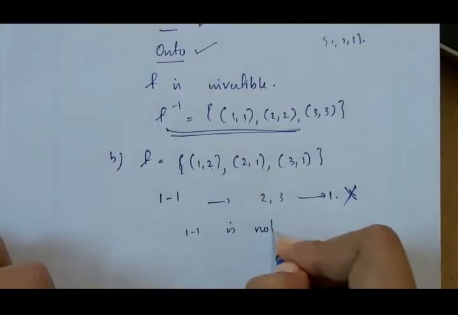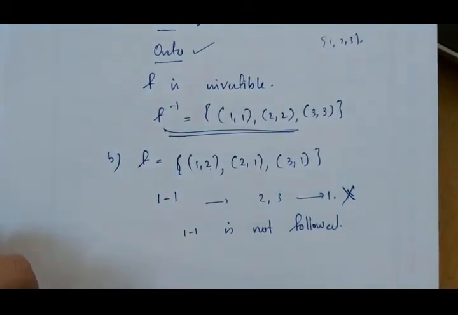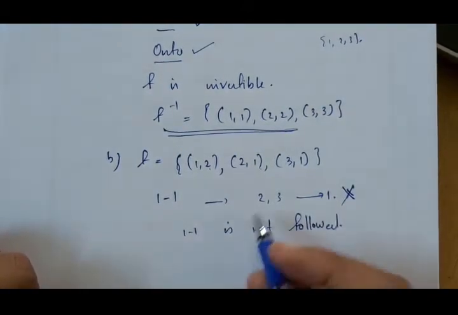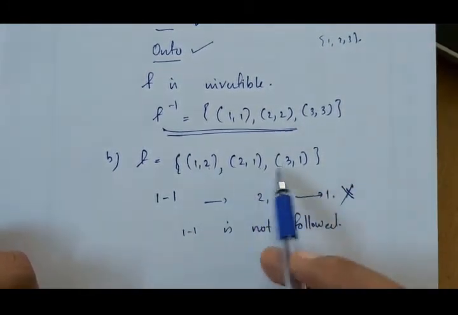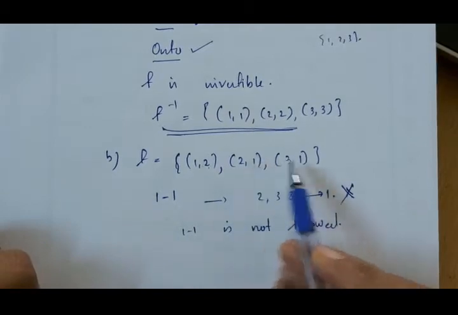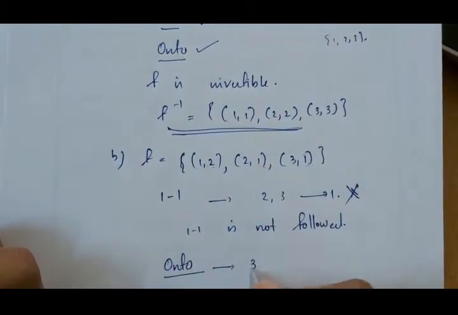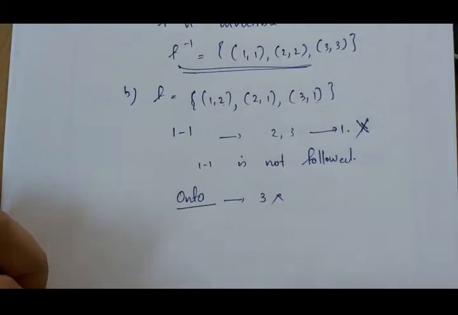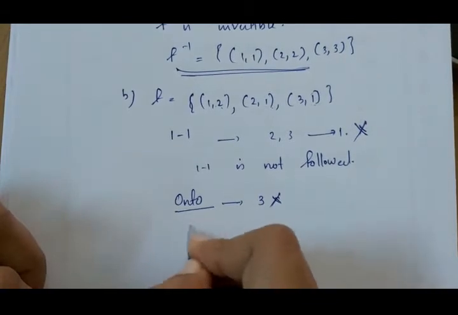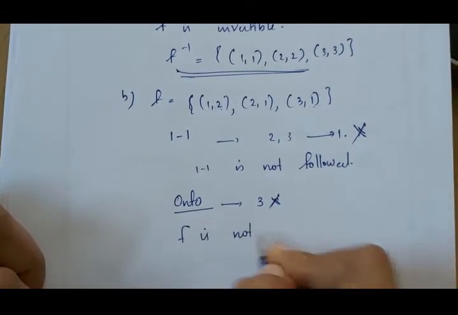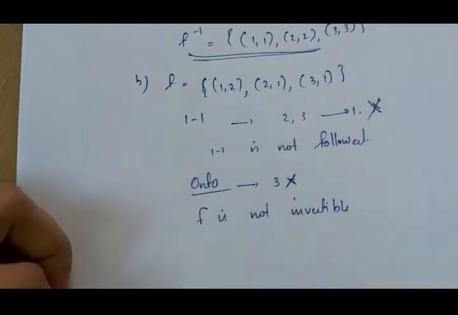Onto is also not followed because in the range, the value 3 is not present, so it is not onto also. So f is not invertible. So f inverse does not exist.